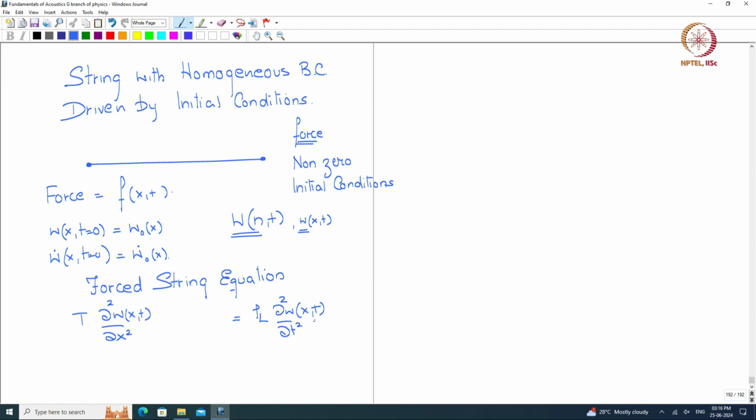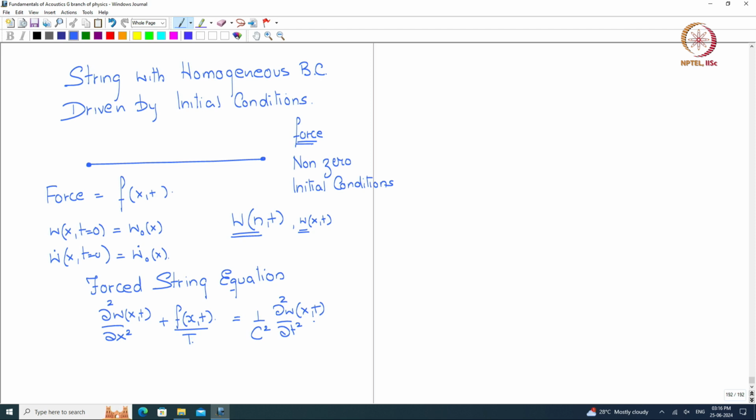Now if I put a force, it is going to be f of x comma t, and if I bring the T down, this becomes 1 by c square, and here I have T, the tension.